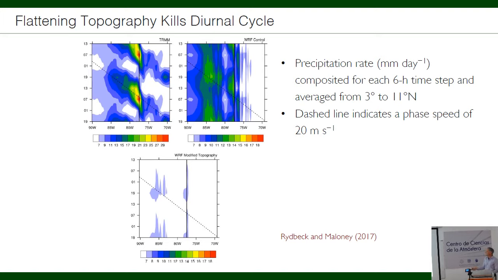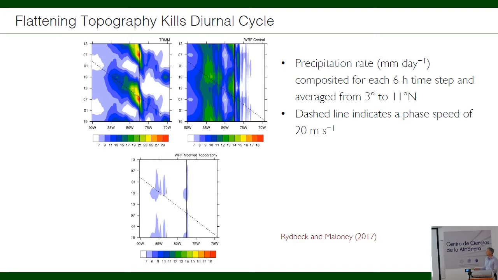Upper left here is observations of precipitation showing a composite diurnal cycle with generation over the Bight of Panama and westward propagation of the diurnal cycle. So that looks like what we saw before. This is what the control version of the model looks like with full topography. You can see some differences. The timing is a bit off.